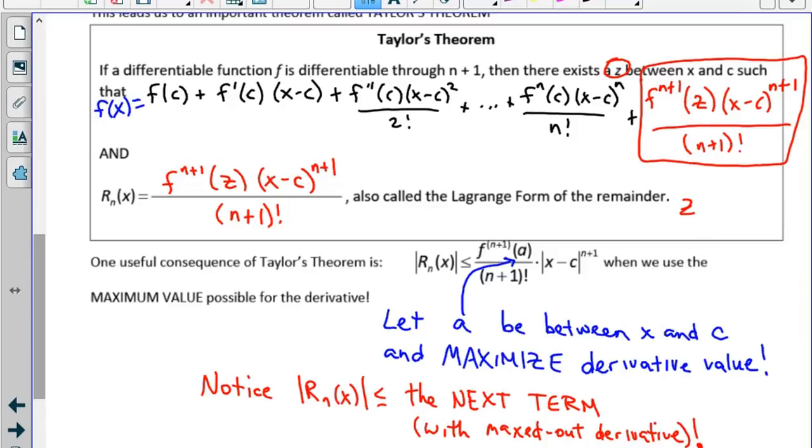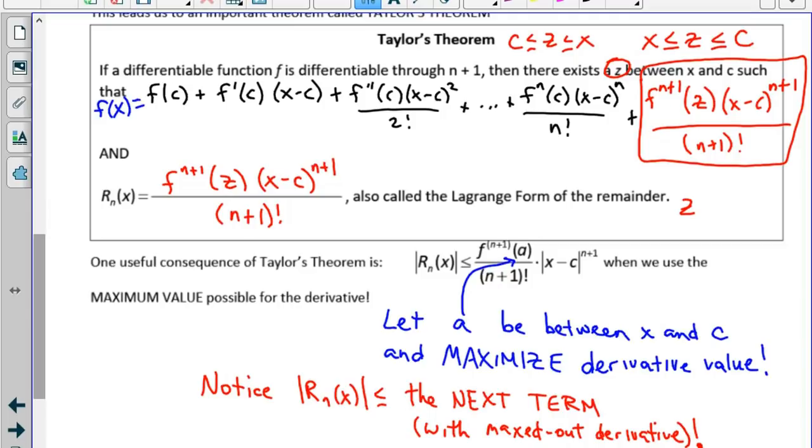So there's some value between x and c. x is whatever the function is evaluated at, z is some value in between, and c is our center, which is either bigger than or less than x. So we could have c less than or equal to z less than or equal to x. It just depends on whether your x is bigger than or less than where your center is.